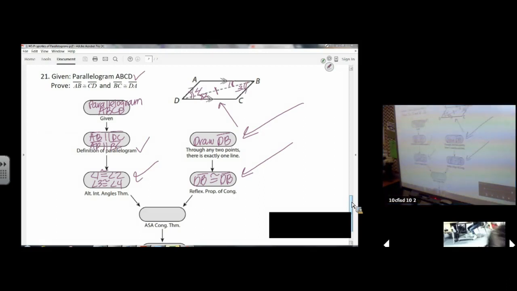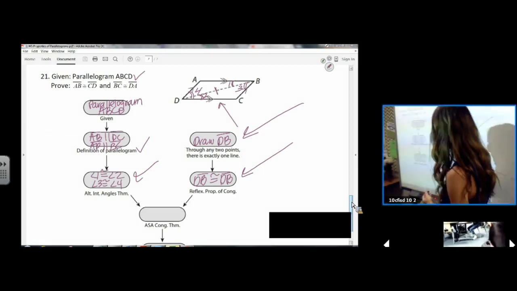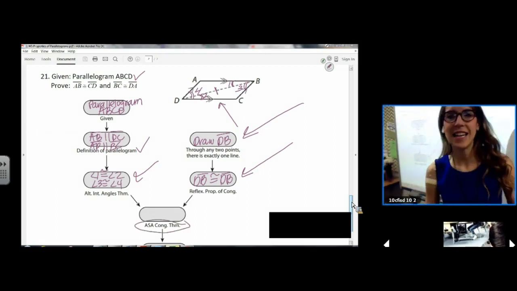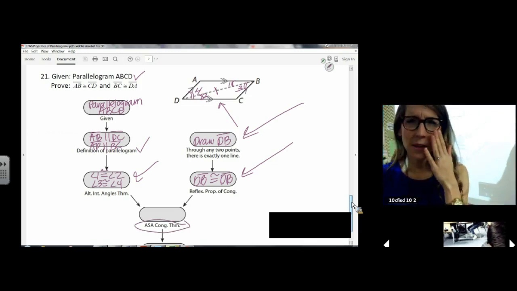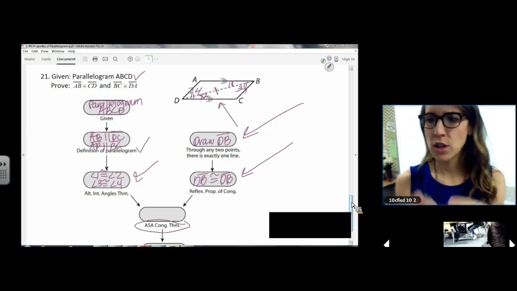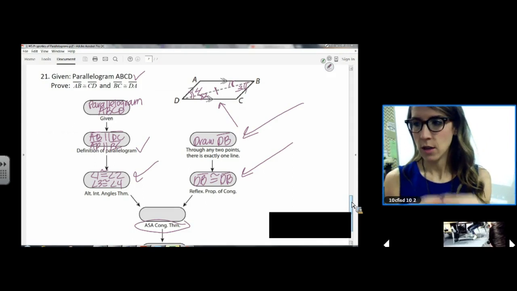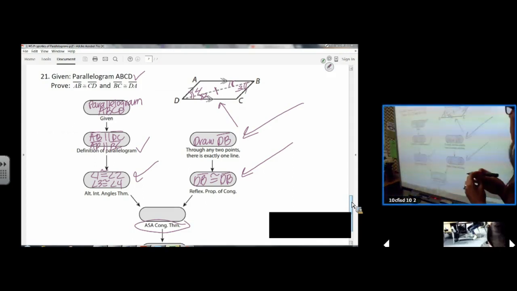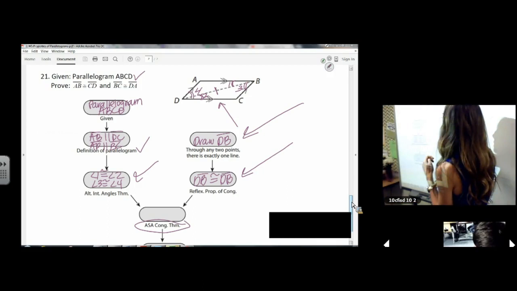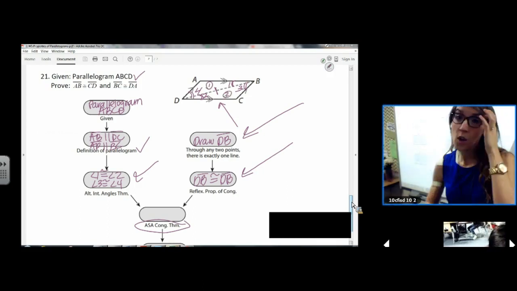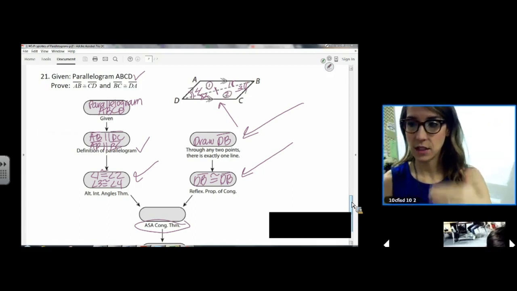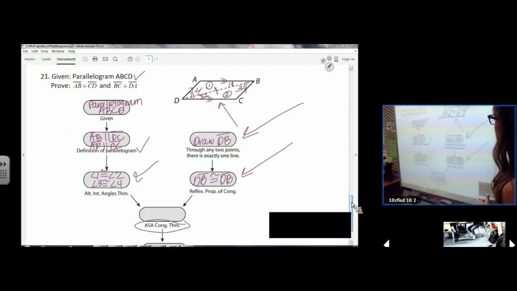All right, next one. We need to say something, and our reason is angle side angle. Well, angle side angle is only a reason when you're saying two triangles are congruent. So we just need to figure out which two triangles we would want to name congruent. And they're the two triangles that we created when we drew DB. So see, it was essential to draw DB.